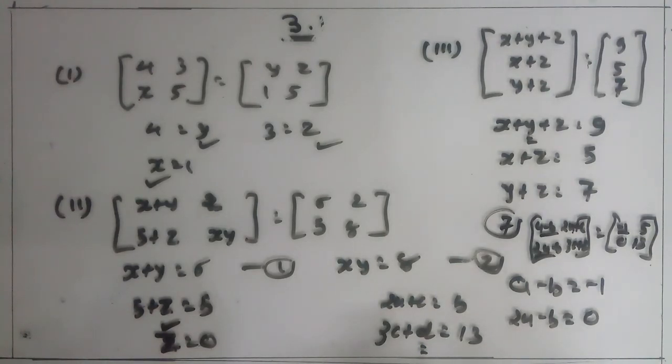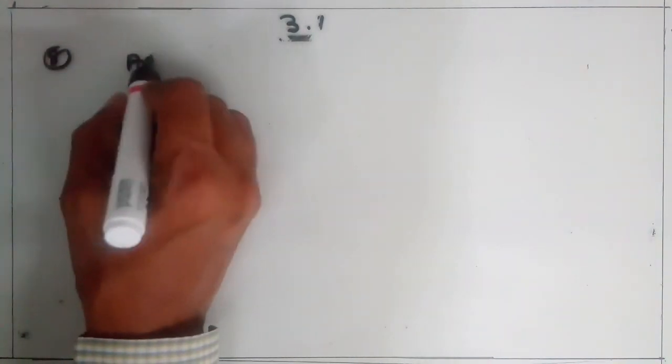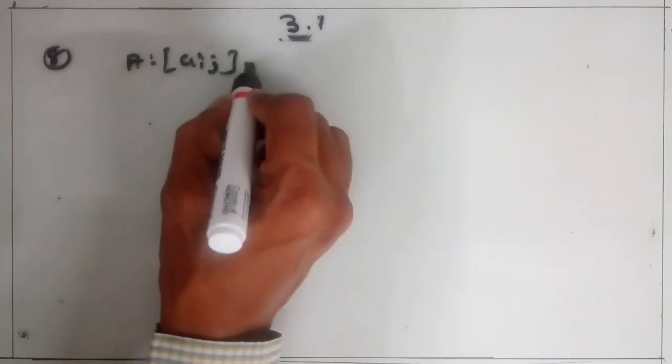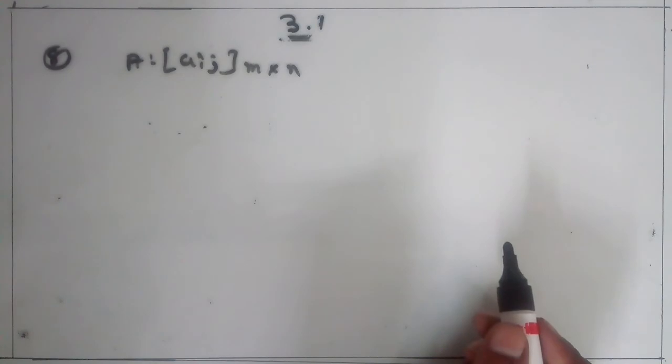Now question number 8, an MCQ type question. A is equal to Aij, m cross n, is a square matrix.